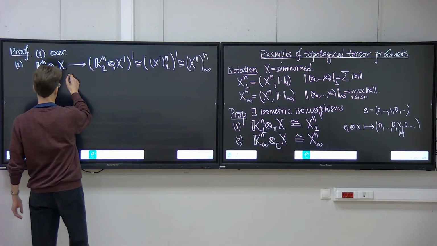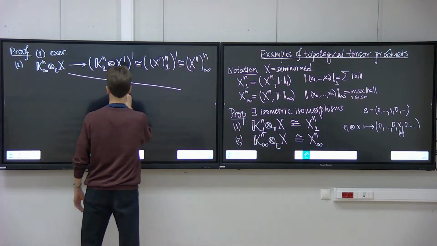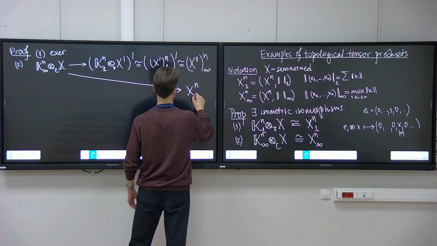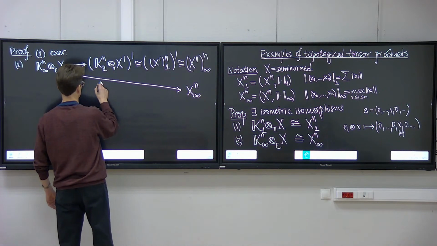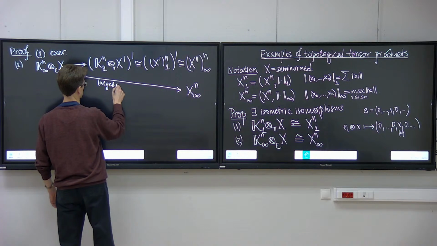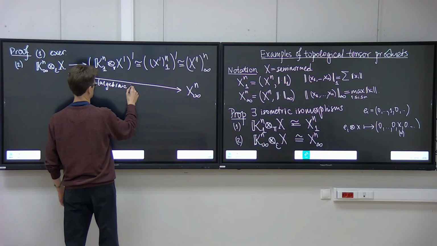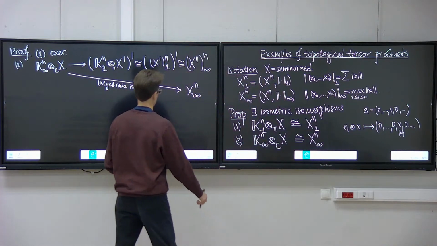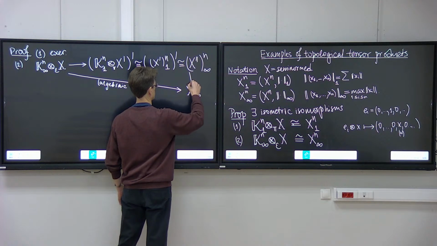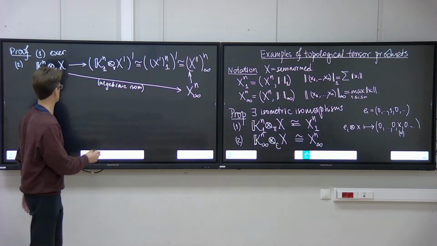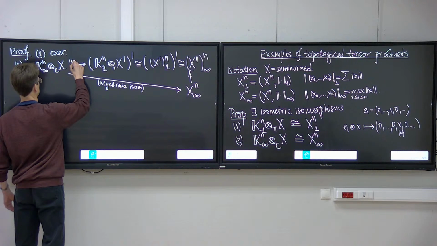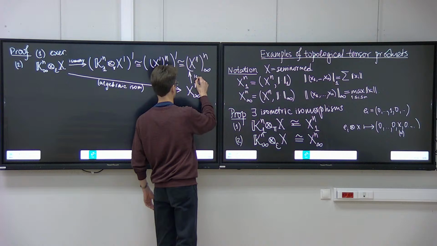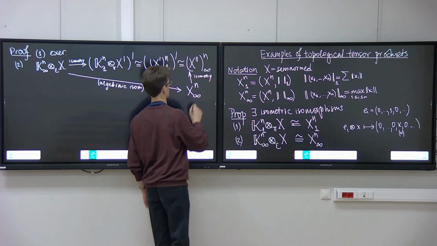On the other hand, we have the algebraic isomorphism between this space and X^n_infinity, given by this formula. Finally, we observe that there is an isometry from here to here, and this arrow is also an isometry.